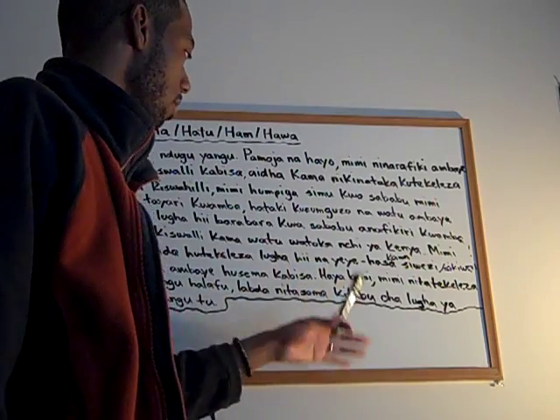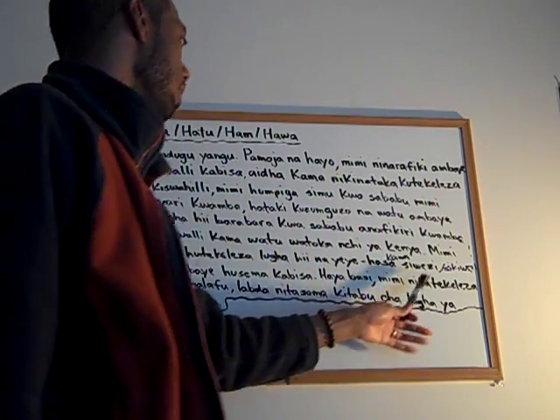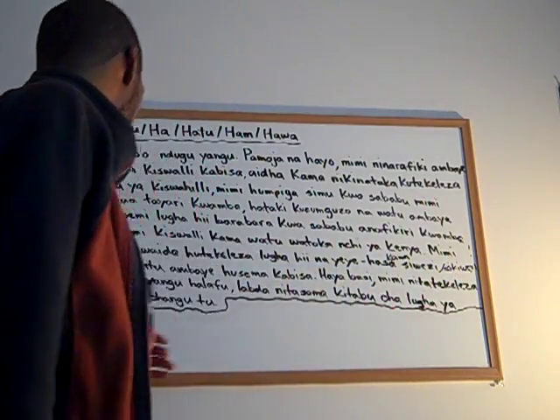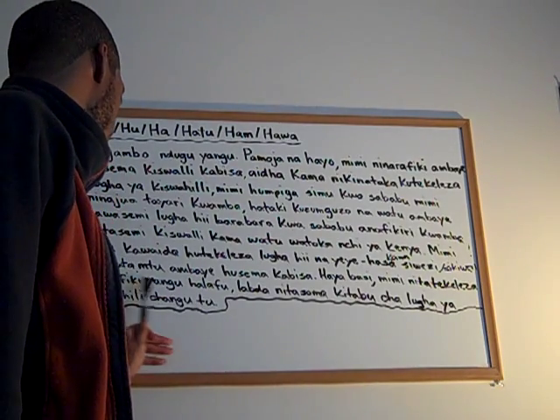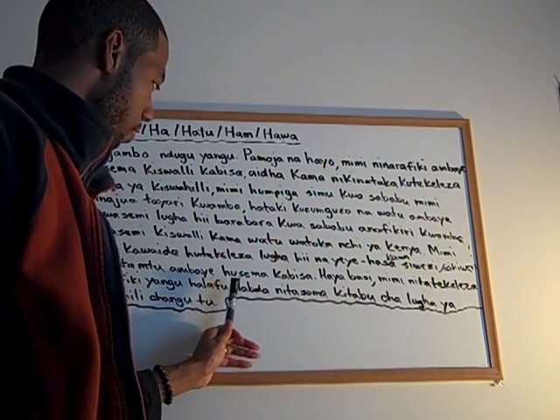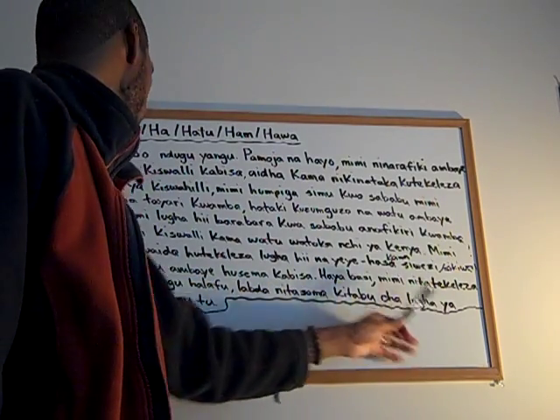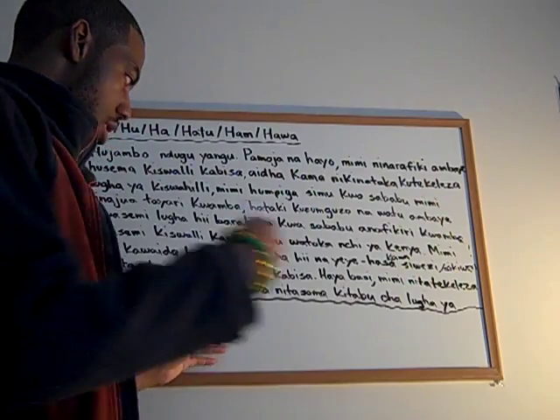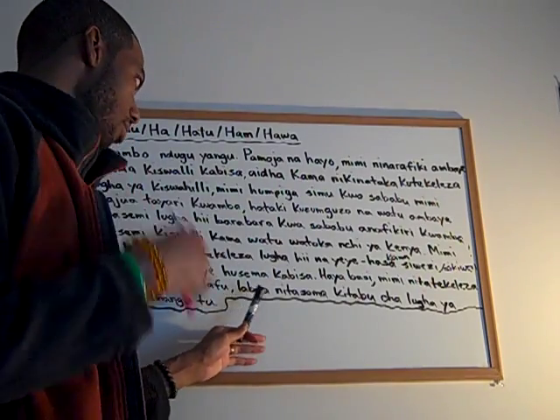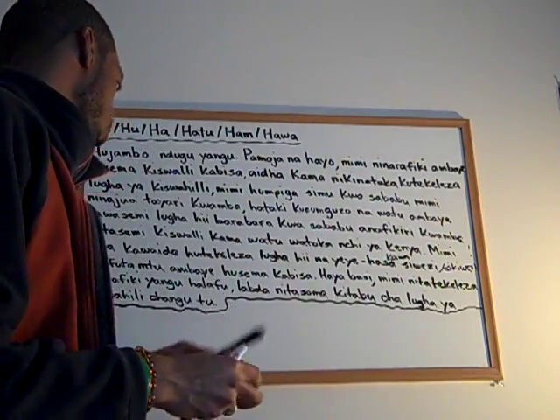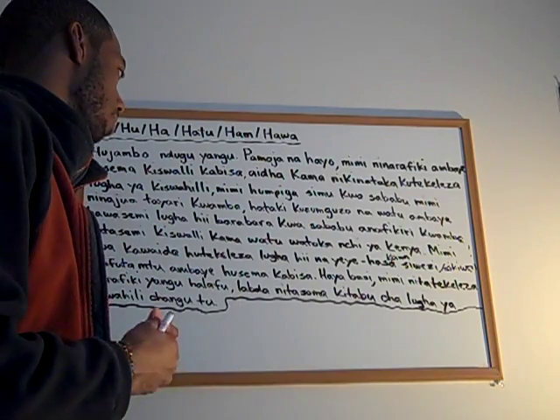Haya basi, this is like, okay, well then, mimi nitatekeleza na rafiki yangu, I will practice with my friend. Halafu, then, labda, perhaps, nitasoma kitabu cha lugha ya Kiswahili changu tu. Then perhaps I will just read my Swahili book.